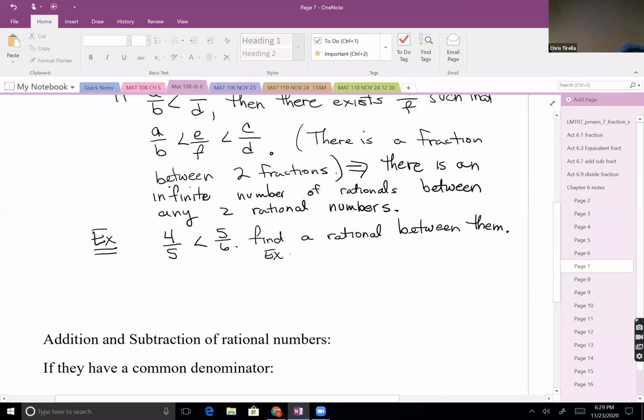What if we first express them with a common denominator? So between denominator 5 and 6, what would you think that we could use for a common denominator? Any ideas?